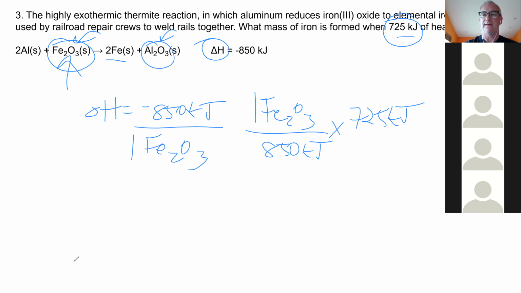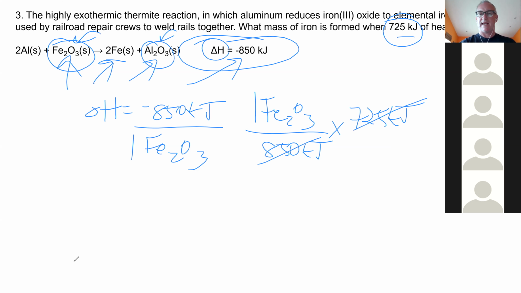kilojoules of heat. So remember, you can treat this just like a product, because this is an exothermic reaction. We have 3 products basically. One product is the solid iron, one product is the aluminum oxide, and the third product is the heat that's released, okay? So when I multiply, my kilojoules will cancel, and I'm left with moles of Fe2O3.